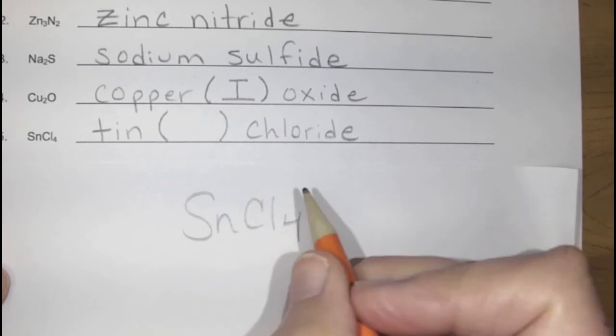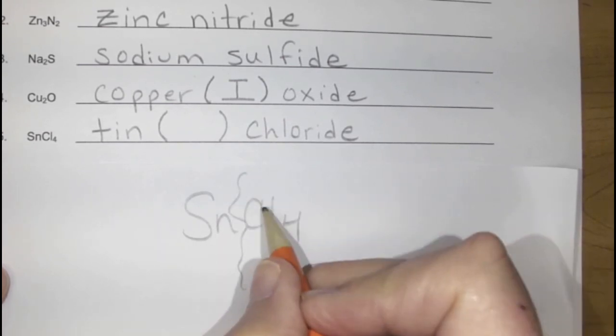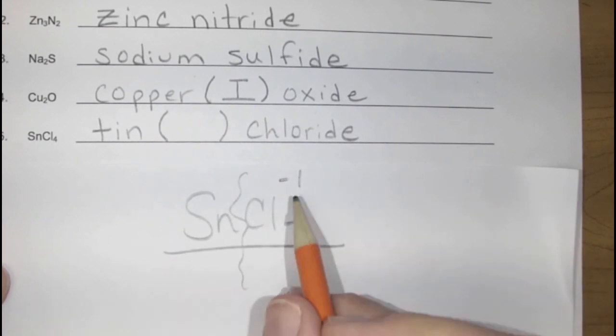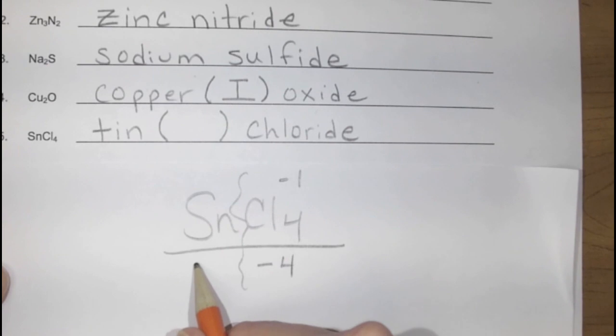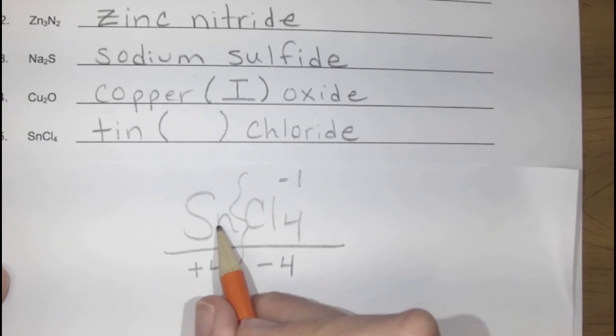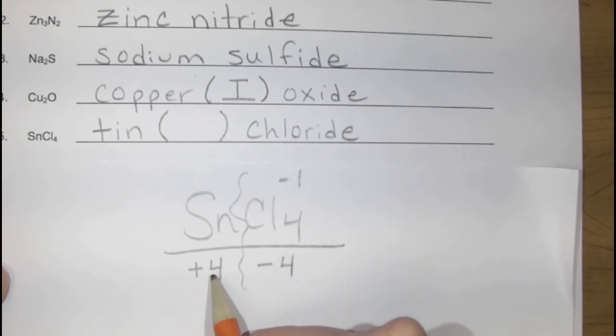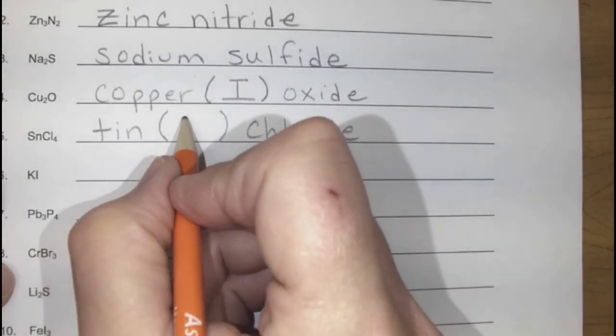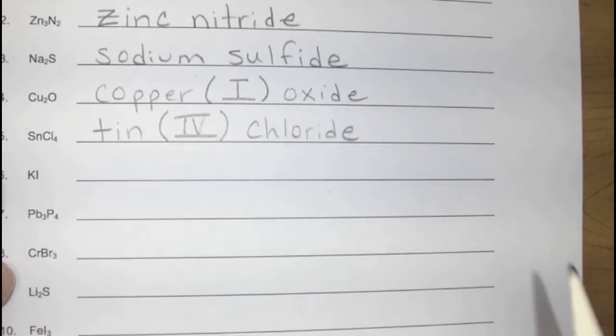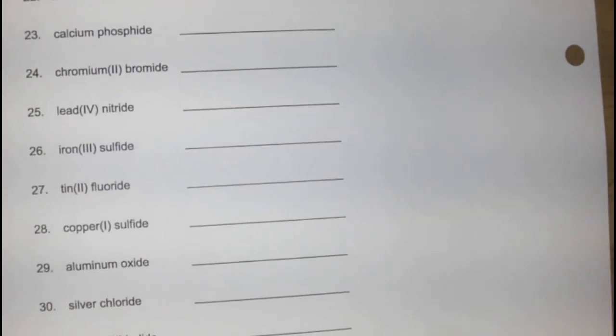Those halogens in group 17 always become -1. So this is -1. And I have 4 of them. So the total over here is -4. The total over here has to be +4. And since I only have 1 of these on the cation side, then the charge of that one thing has to be +4. So this is tin(IV) chloride.